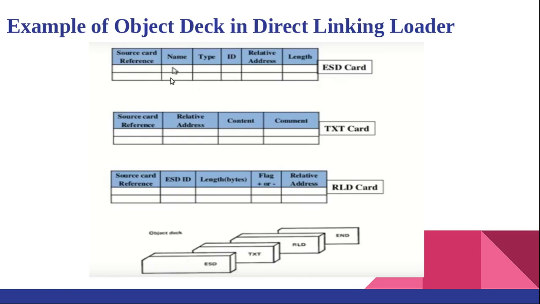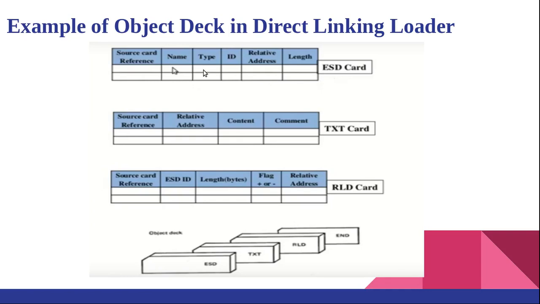So the first field is the source card reference number. Actually it won't be available in the card, it is used only for understanding purposes. Then the name of the symbol, then the type of the symbol. Basically we have three types of symbols, that is SD, LD and ER. If the symbol defines the name of the segment, then it is called SD type.